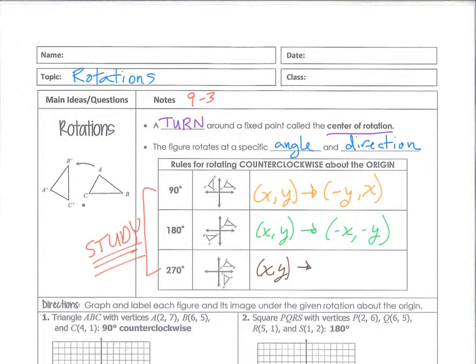So if we're going to rotate 270 degrees, we're going to once again change our x and our y, but this time the x changes signs. The only way I can help you understand that is, we are rotating from here all the way around to here, because we're going counterclockwise.